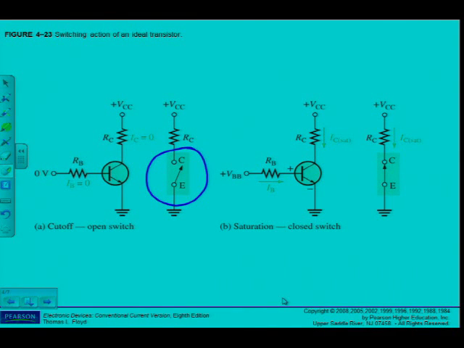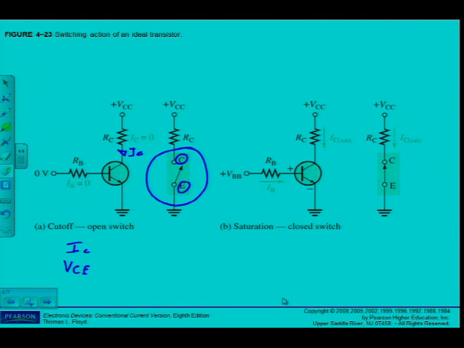When the transistor is in cutoff, it acts like an open switch, and we've seen what the parameters are then. The parameters are IC and VCE. So that is the current flowing through the switch, IC, and VCE is across the terminals, collector and emitter, where my switch is.